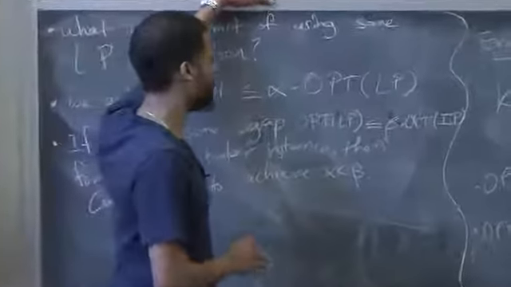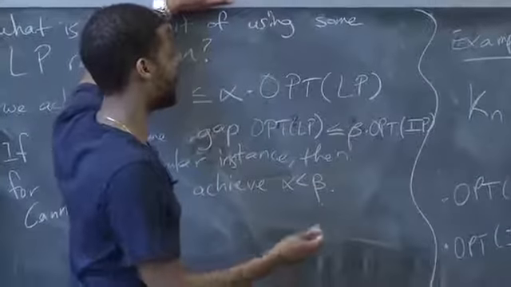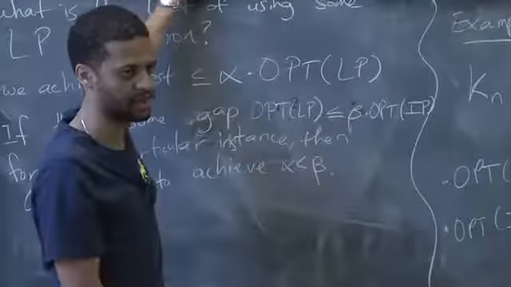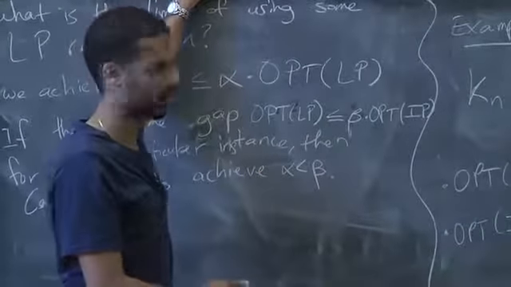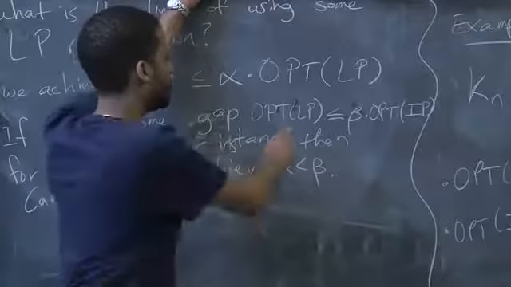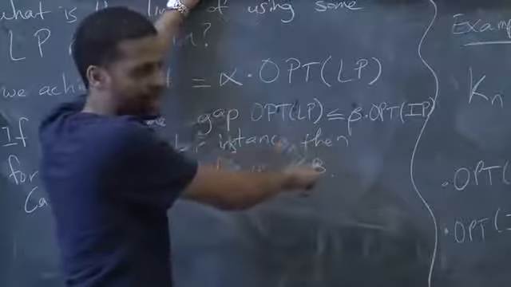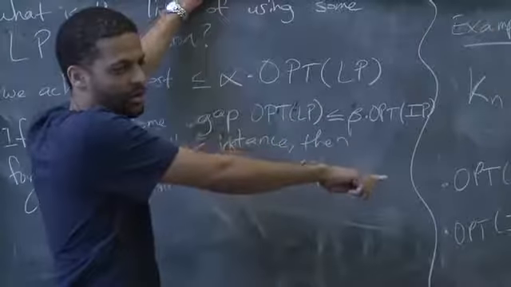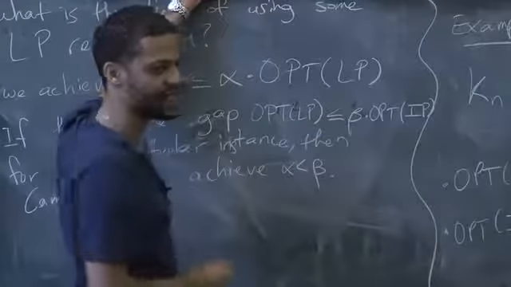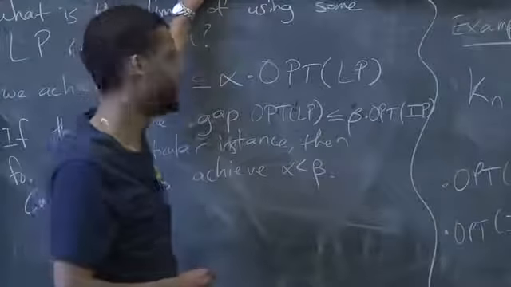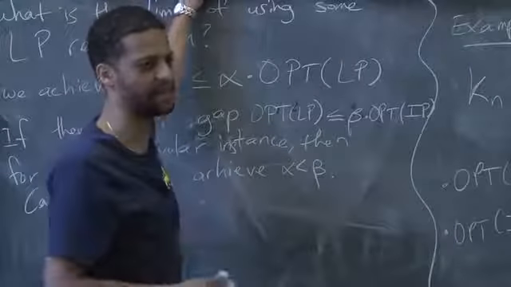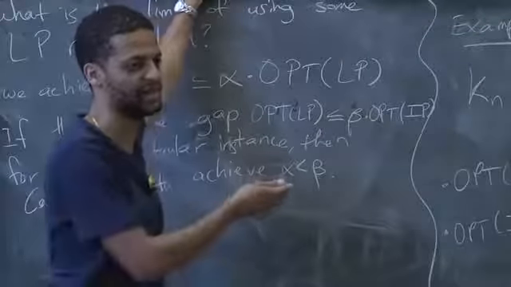if our way of coming up with this algorithm and analyzing it is to compare with the optimal solution of some LP relaxation, well, if the LP relaxation has a gap with the original integer program, and that gap is at least a factor of beta, then there's no way to achieve better than a beta approximation by this kind of comparison, right?